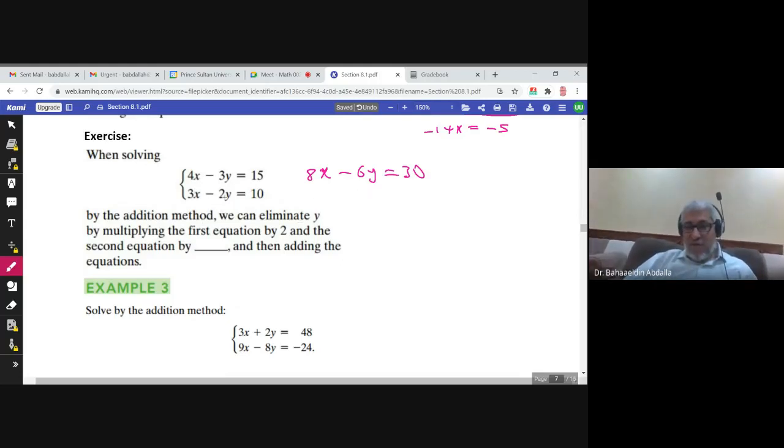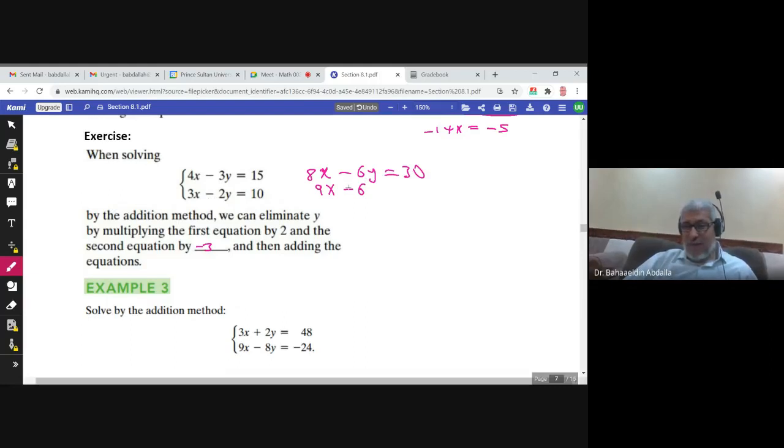Now you need the coefficient of y in the second equation to be 6. So what would you multiply the second equation by? Which number? If you multiply the second equation by 3, you will have 9x minus, no, you need -3. 3 is not good because it will make it -6.